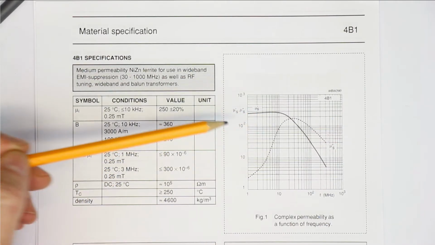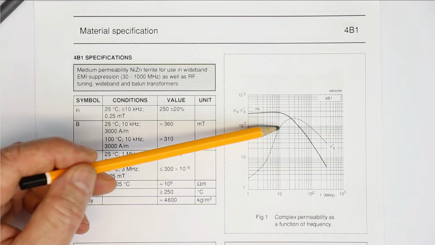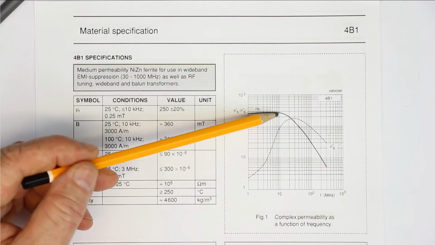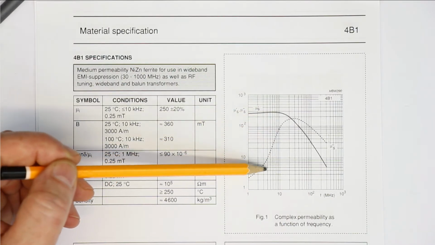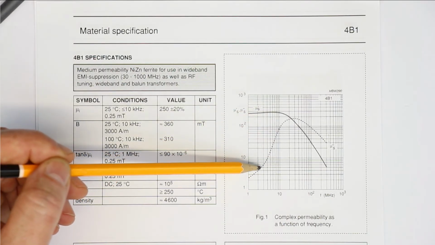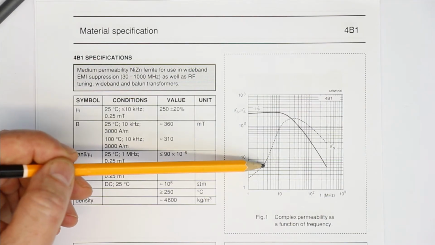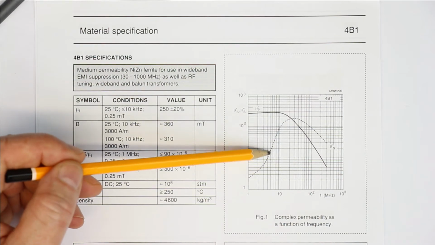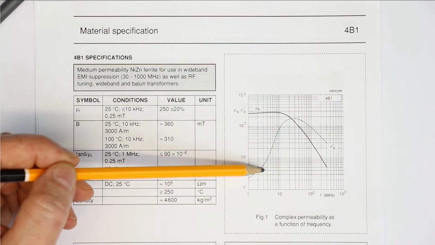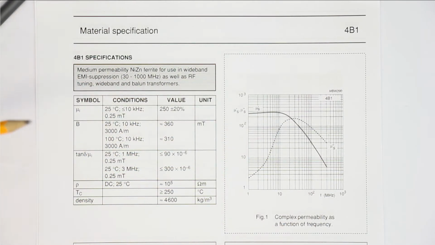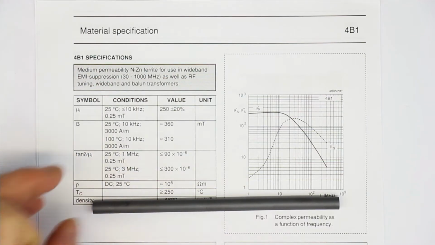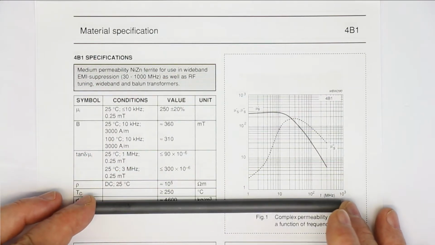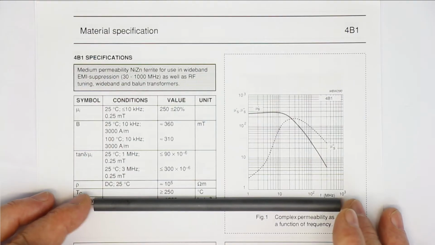Even there you have heavy losses in the range of 10 or 20%. But it should be good for the low shortwave bands, let's say between 2 and 5 megahertz. That is what I would say is the main application where we can use this material for winding a Ferrite-Rod antenna.